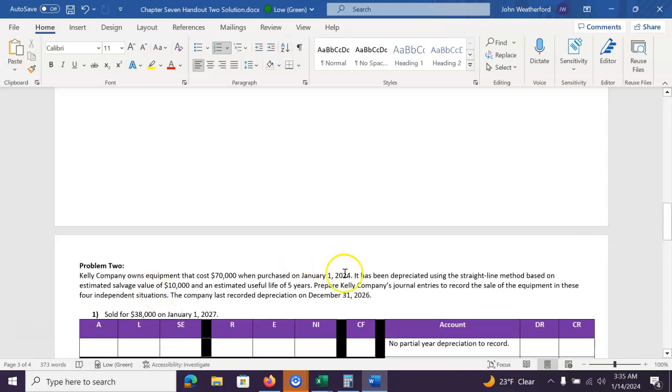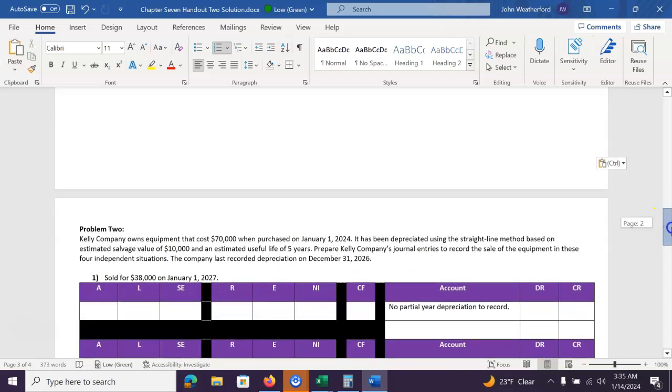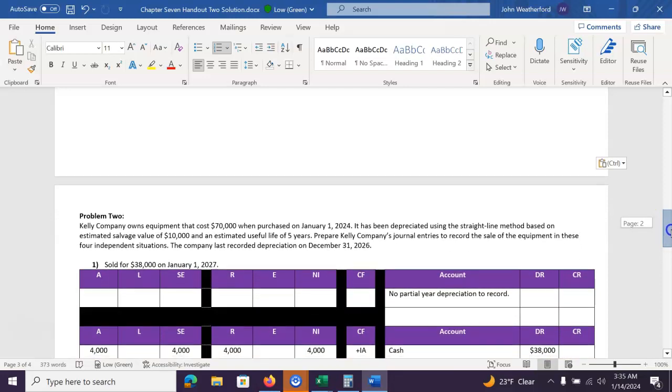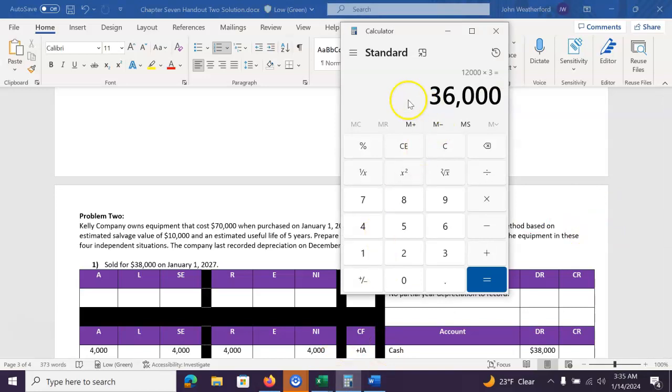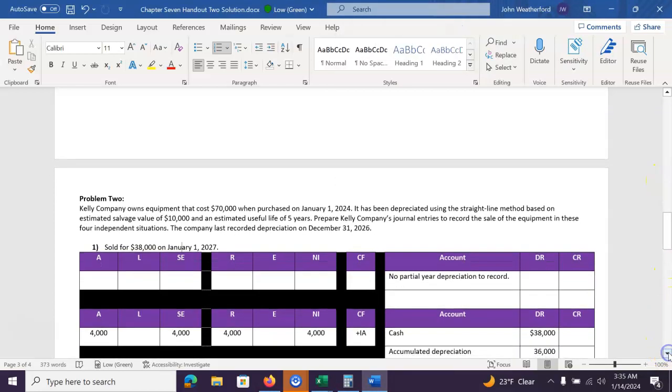If we sold it for $38,000, we would debit cash $38,000 to increase its balance. So the asset increases on the debit side. Okay, our accumulated depreciation. Remember, it was $12,000 per year. We're 3 years in, so it's got a credit balance of $36,000. To make it zero, we would debit accumulated depreciation for $36,000.